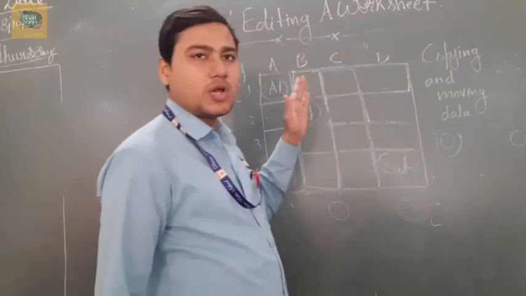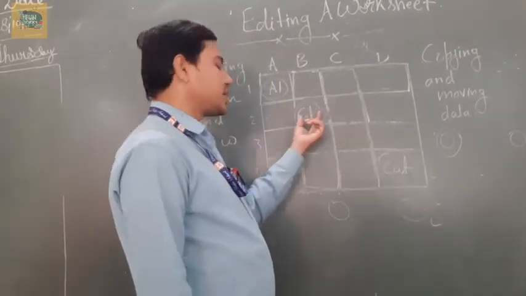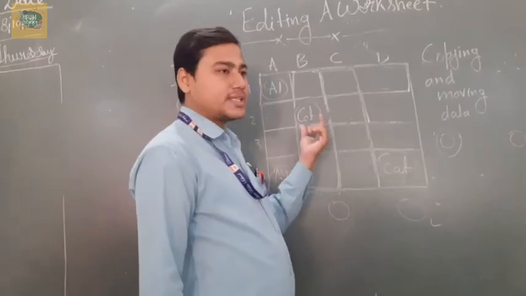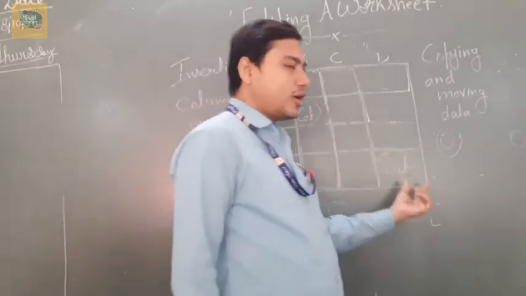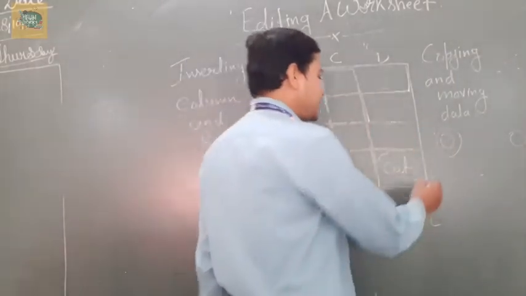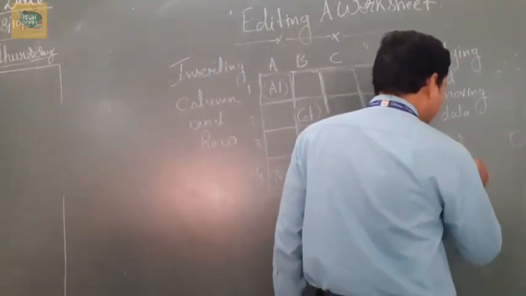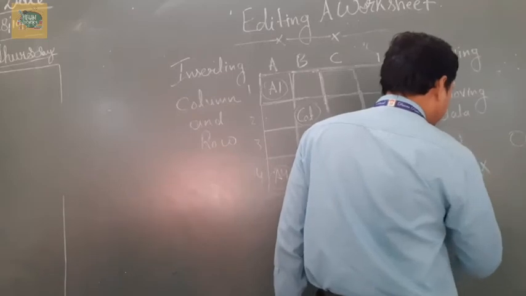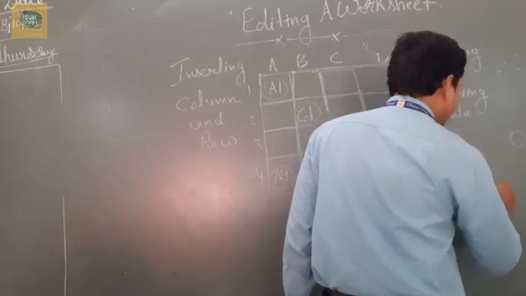I can also use a shortcut key, which is Ctrl plus X. I go to this cell, click on the other cell and press Ctrl plus V. So Ctrl plus X is for cut, and Ctrl plus V is for paste.